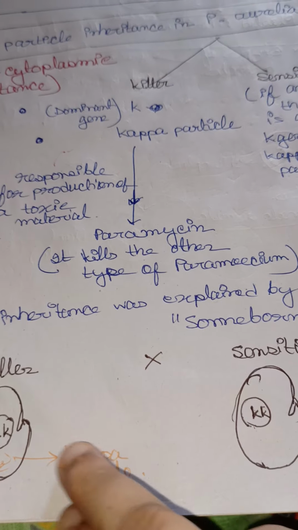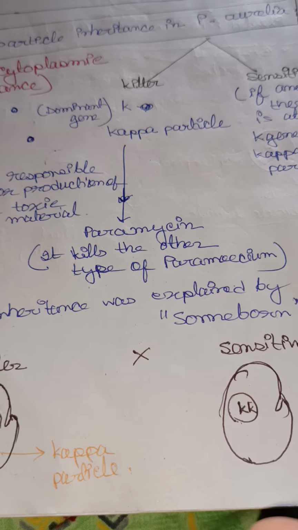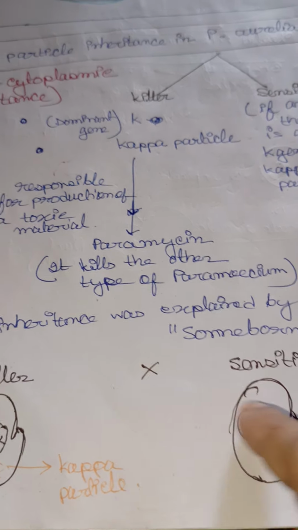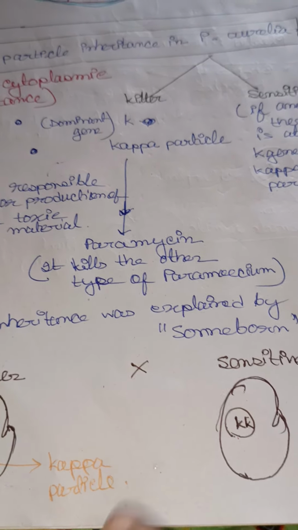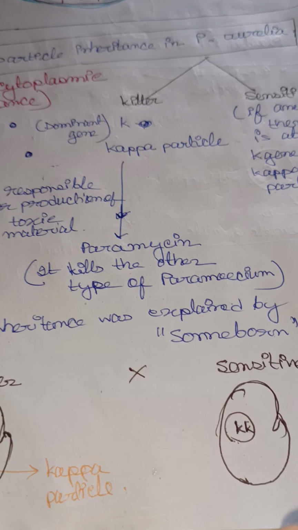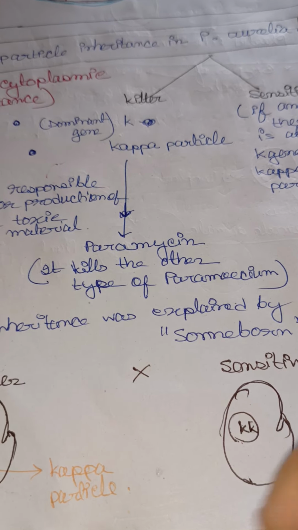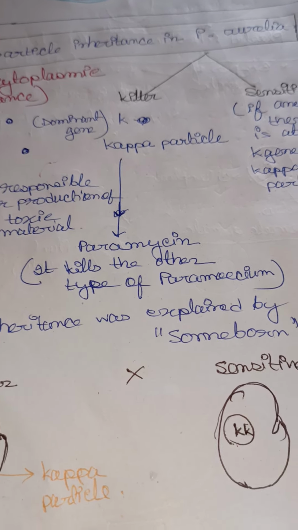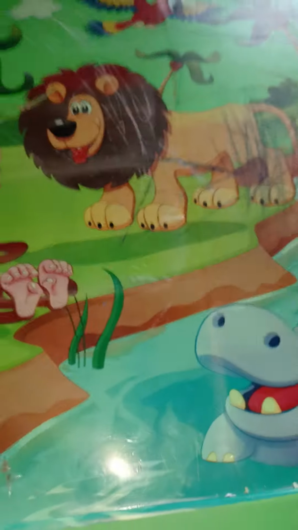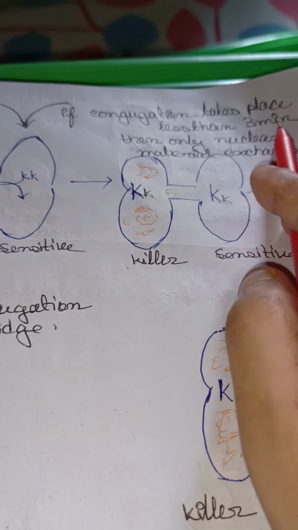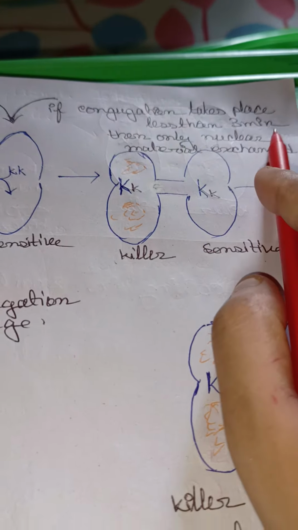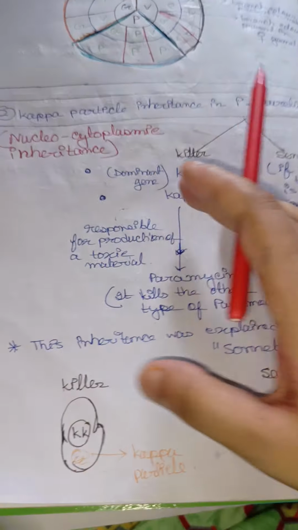Now what happens? Paramecium reproduce by conjugation. They form a bridge between them, and then they exchange their genetic material. This type of fertilizing process we call conjugation. Now what will happen after fusion, if the conjugation takes place for less than 3 minutes between the killer and the sensitive?